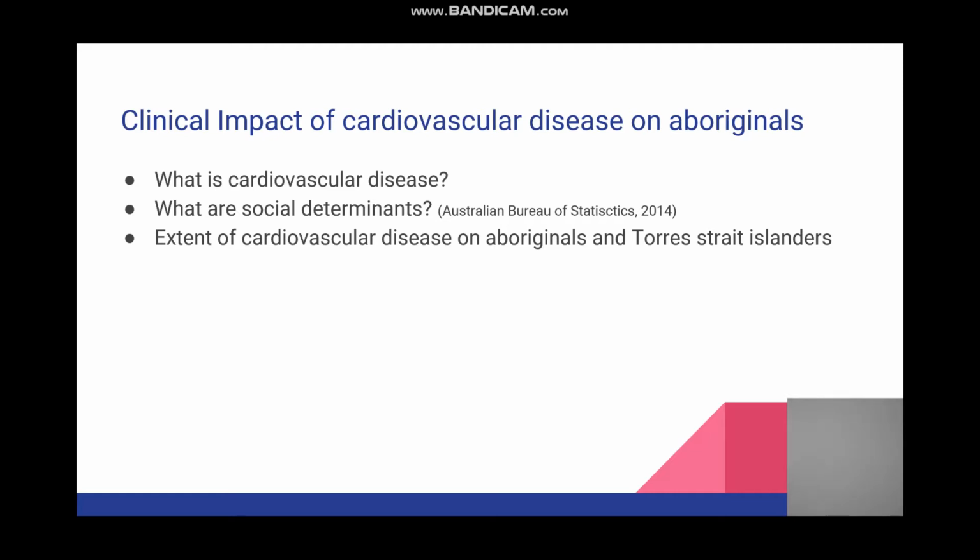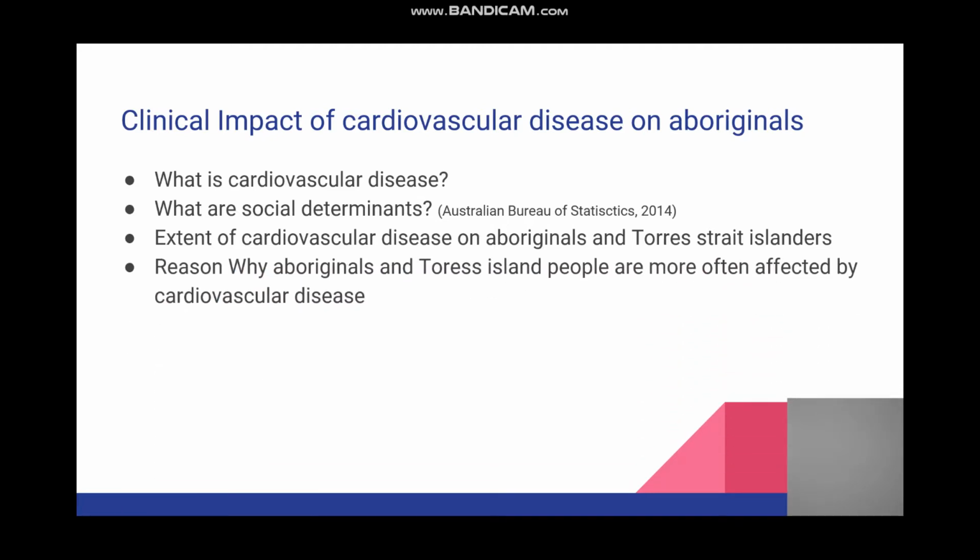Therefore, Aboriginal and Torres Strait Islander people were 20% more likely to have cardiovascular conditions. Why are Aboriginal and Torres Strait Islander people more often affected by heart and circulatory conditions? Evidence from various research shows that Aboriginal and Torres Strait Islander people have higher rates of cardiac and heart disease, as well as poor access to health services.